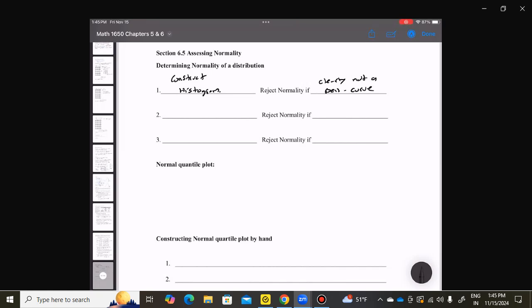We look at outliers. We reject normality if we have more than one. Now, this is something that can sometimes be negotiated based on the researcher and how many data points they may have. And then we look at what's called a normal quartile plot.